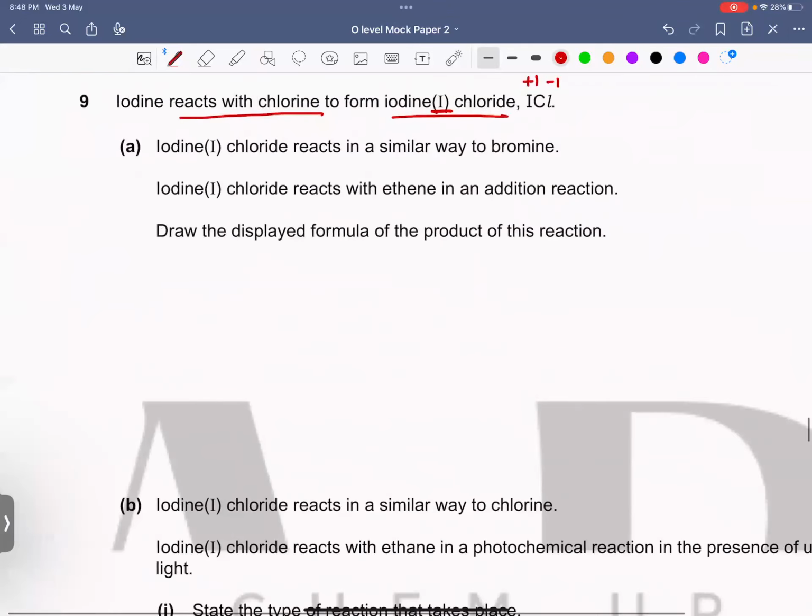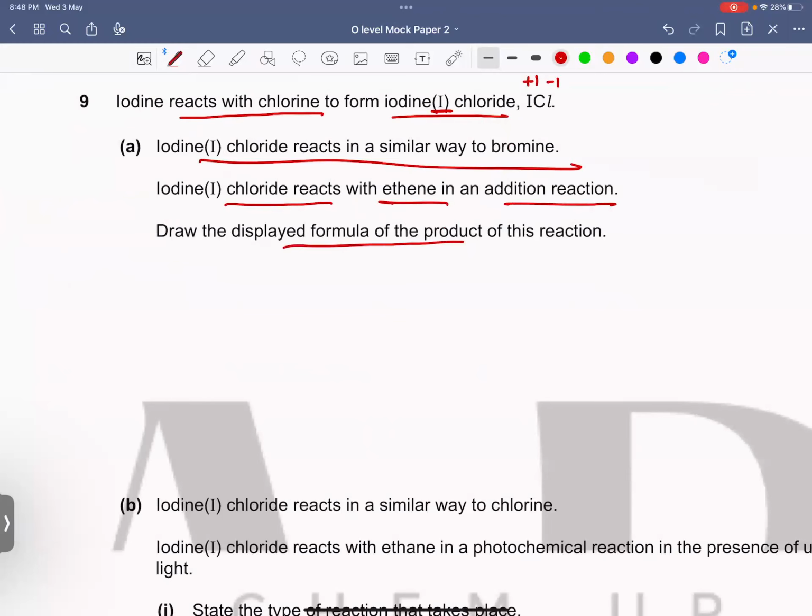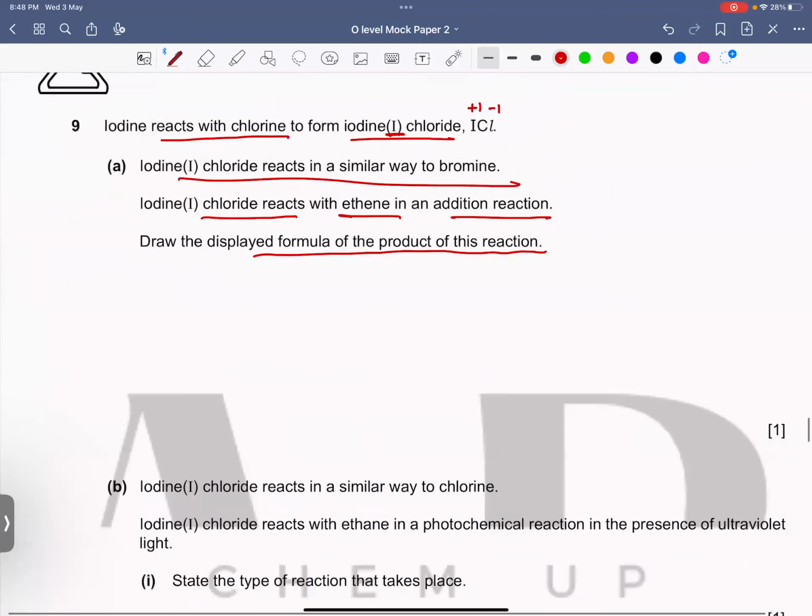Iodine chloride reacts in a similar way to bromine. Iodine chloride reacts with ethene in an addition reaction. Draw the displayed formula of the product of this reaction. If you compare it with the reaction of bromine with ethene, in ethene, let's assume the empty bonds are hydrogens. When bromine reacts, the double bond turns into a single bond, and both carbons have one bromine.